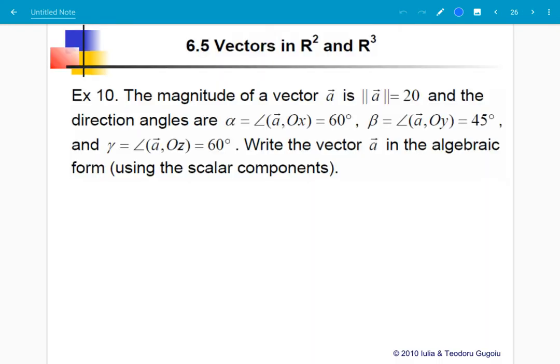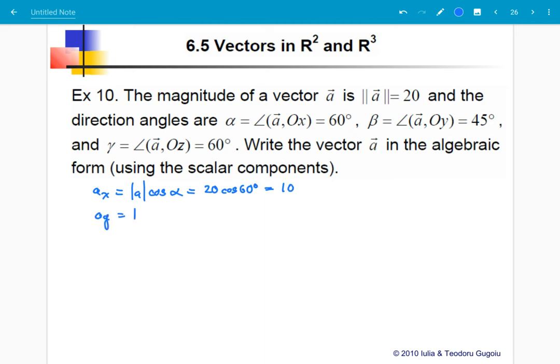All right, example 10. We have a magnitude of 20, and the 3 direction angles 60, 45, and 60. Write the vector A in algebraic form using the scalar components. A sub x is equal to the magnitude of A cos alpha, so 20 times the cos of 60, which is 10.